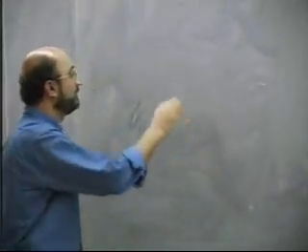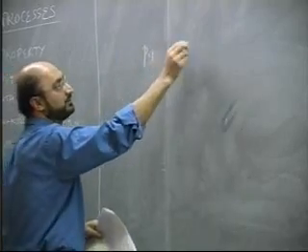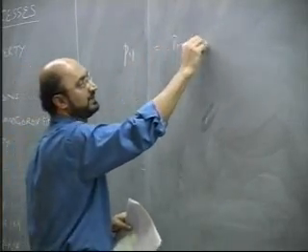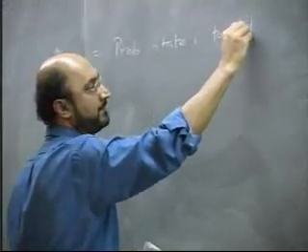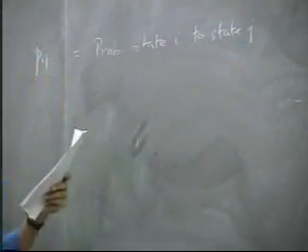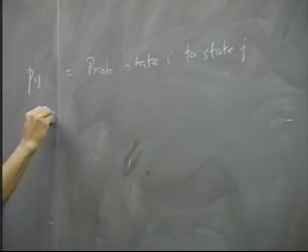So we know what Pij is. Pij is basically the probability of going from state i to state j. I'm going to define a new term, which is P^m_ij.